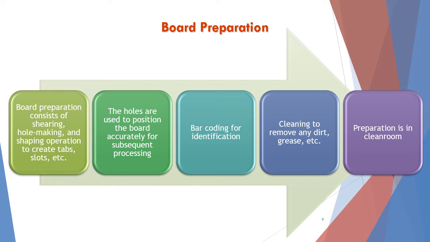For certain parts, there is also bar coding for identification, and you have to perform cleaning to remove any dirt and grease before the next process. All this is prepared in the clean room.